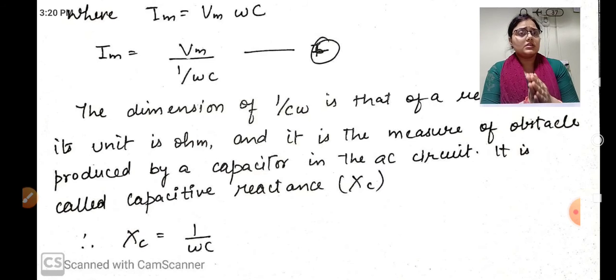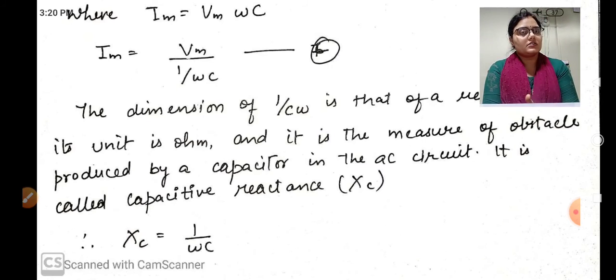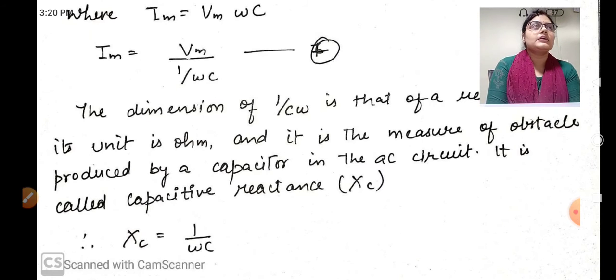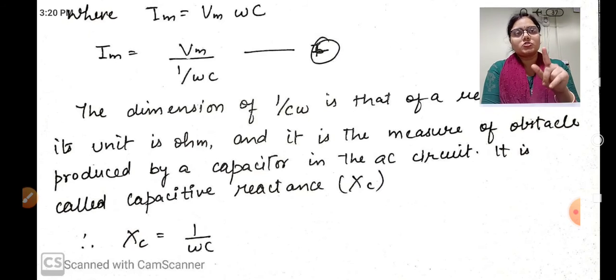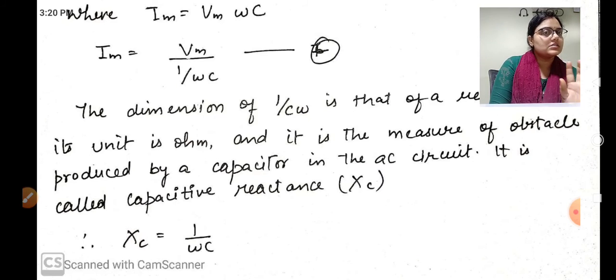In the inductive circuit, the voltage leads the current by 90 degrees. The instantaneous voltage is V equals Vm sin omega t, and the instantaneous current is I equals Im sin(omega t minus pi by 2).